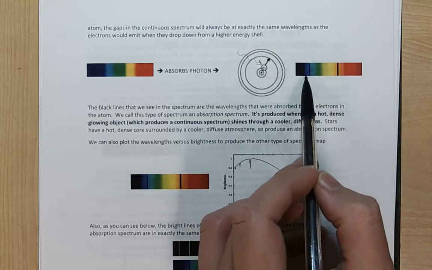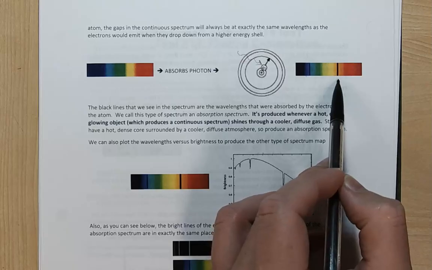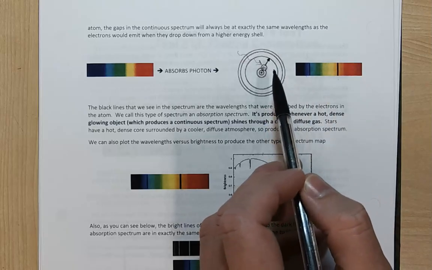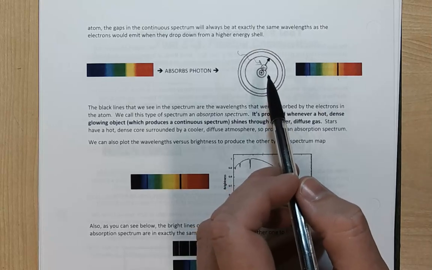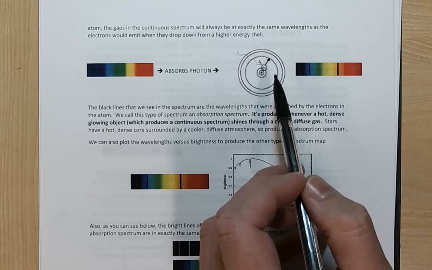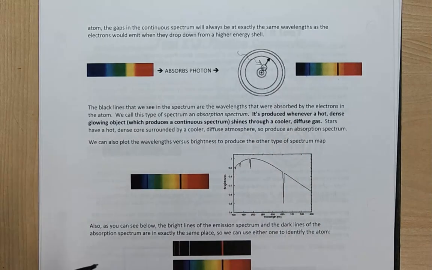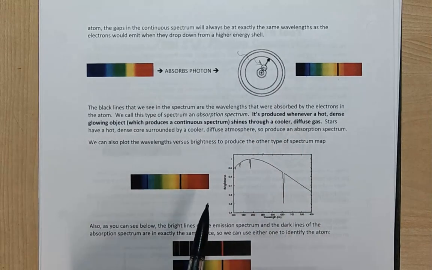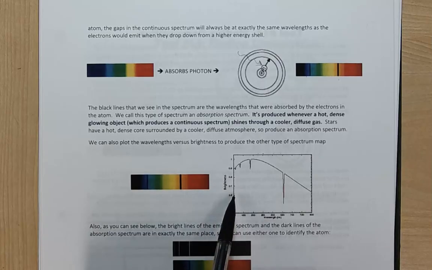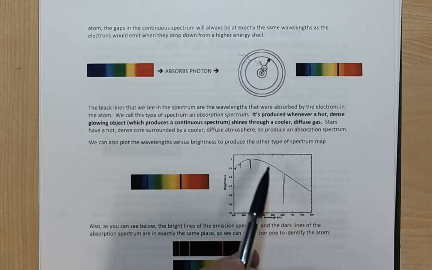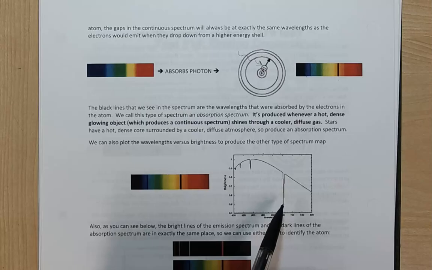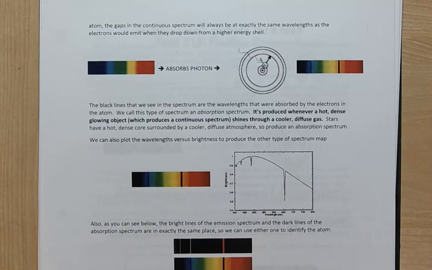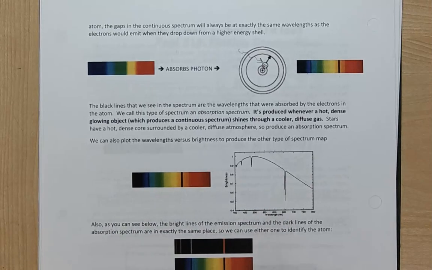You'll see those dark lines missing from the spectrum, because those are the specific wavelengths that the electron absorbed. If you plot this spectrum on a graph, you'll see your usual black body spectrum, except for those little dips where the light got absorbed by the cool gas in the foreground.